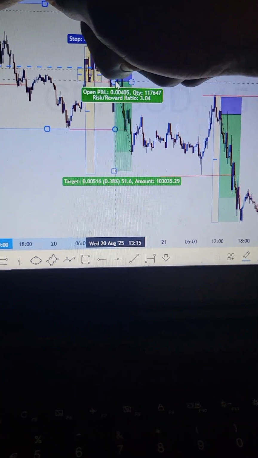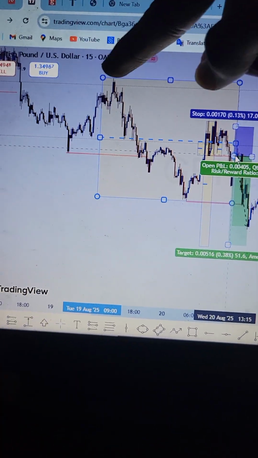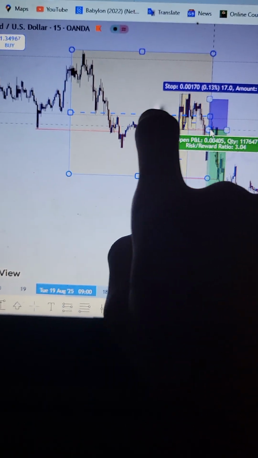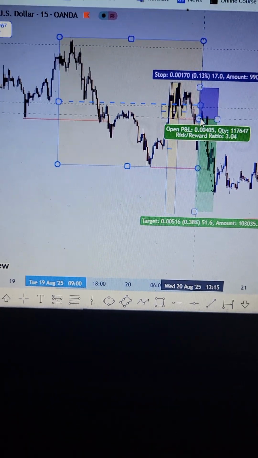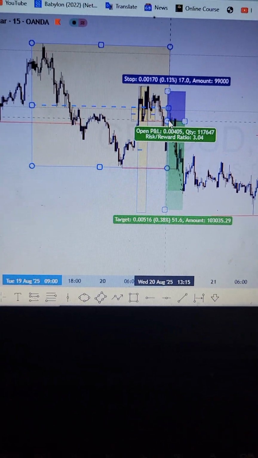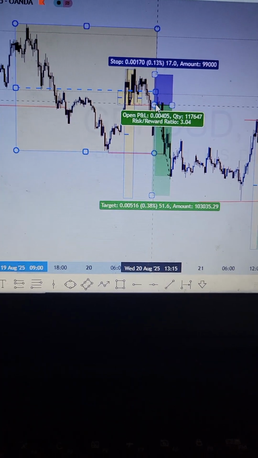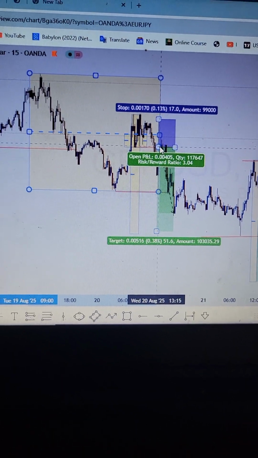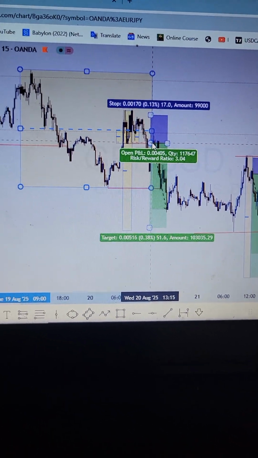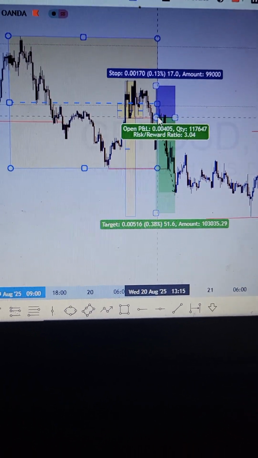If you plot your Fibonacci from point A to point B, you will be getting this area here as a 50% retracement. So now you want to always enter your trade from 50% retracement. Now as you can see, price has pulled back to a 50% retracement. After that, you want to wait for an entry confirmation.